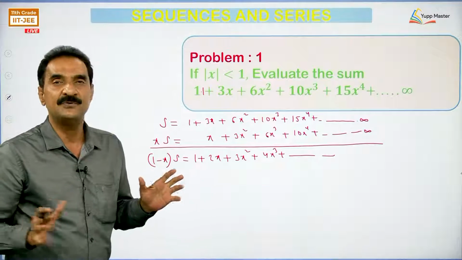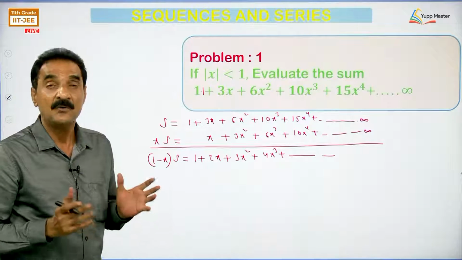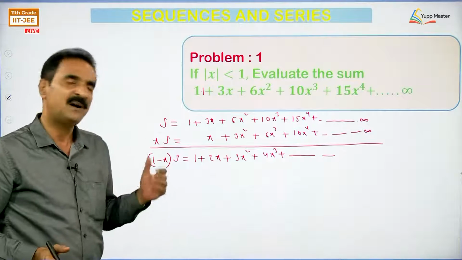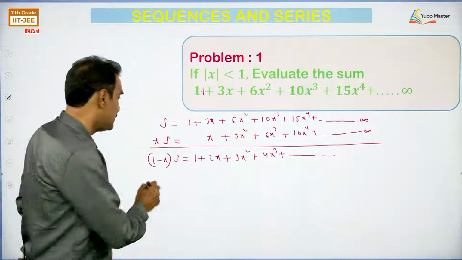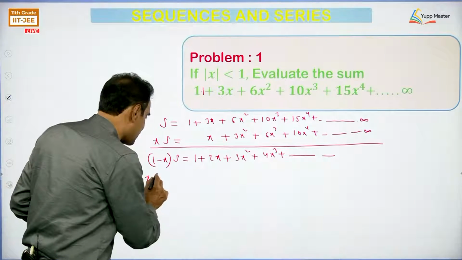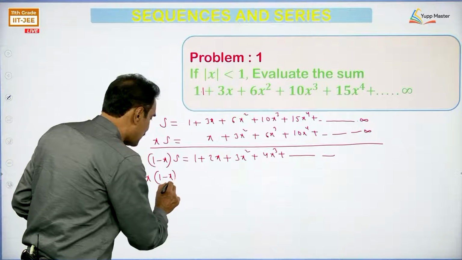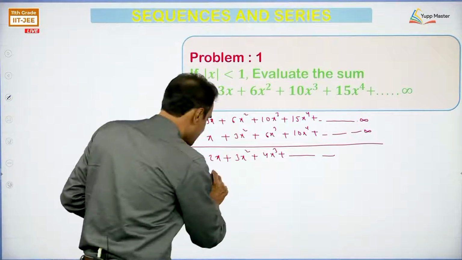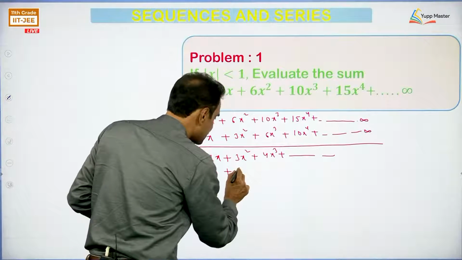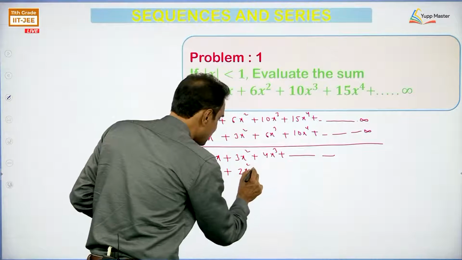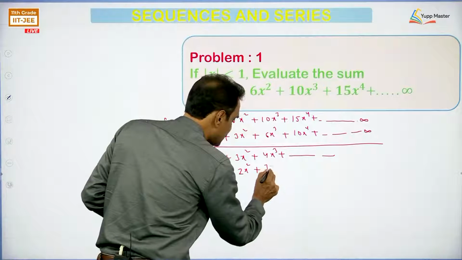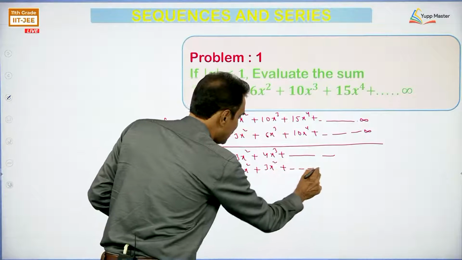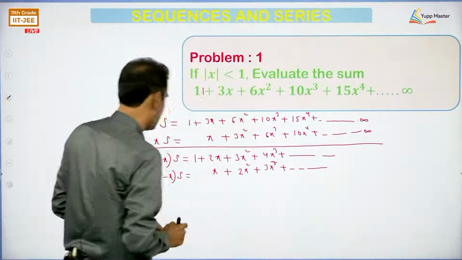No issue. You can still find it. How? Repeat the same method. Multiply by the common ratio and subtract. Multiplying by the common ratio x, x into 1 minus x into S is equal to this into x, write it here, this into x is 2x square, this into x is 3x cube, and so on.